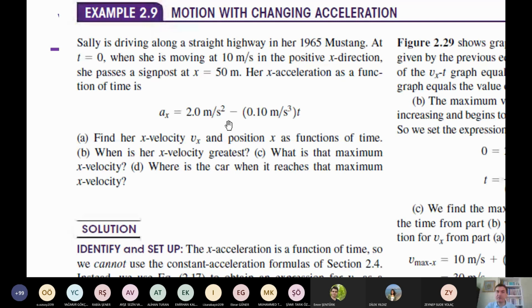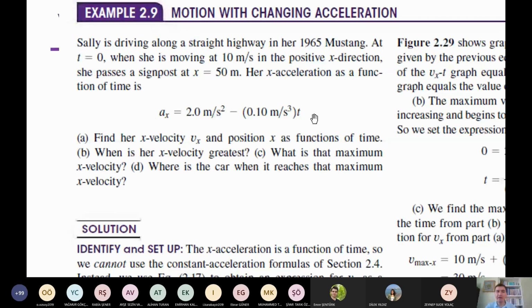Just put time equal to 0, then this term will be 0. Put time 1, then acceleration will decrease. Put time 2, acceleration will further decrease. So acceleration is not constant. It depends on the time. Non-constant acceleration.